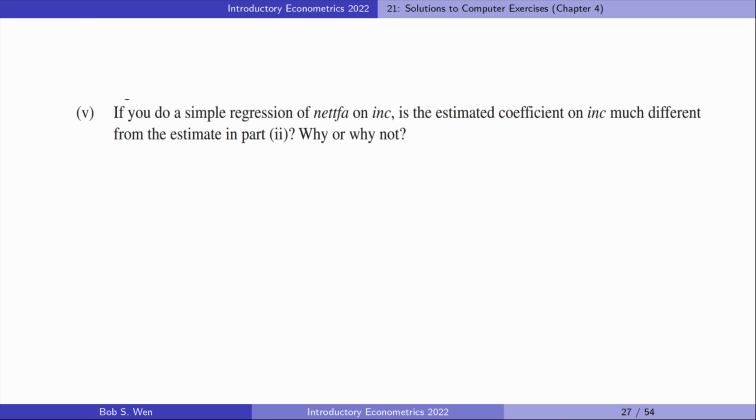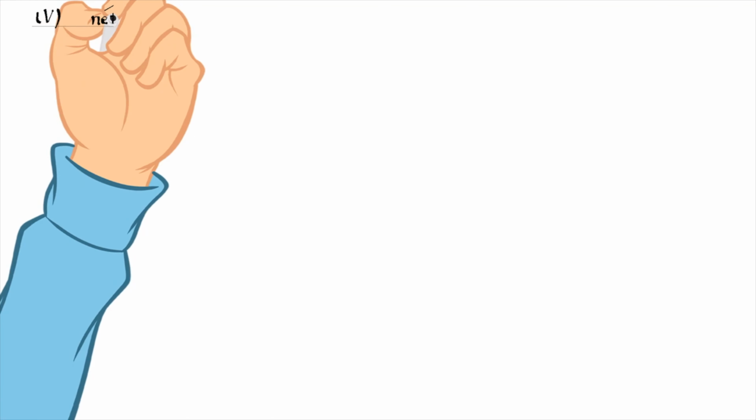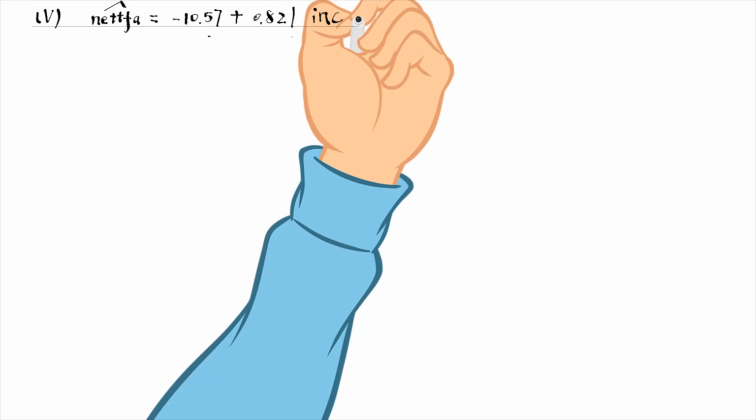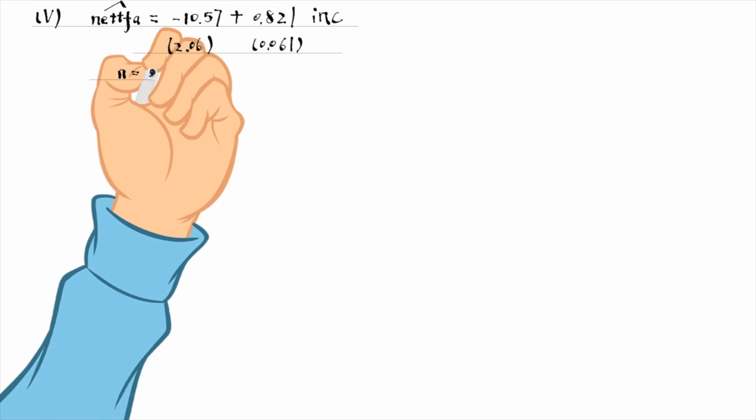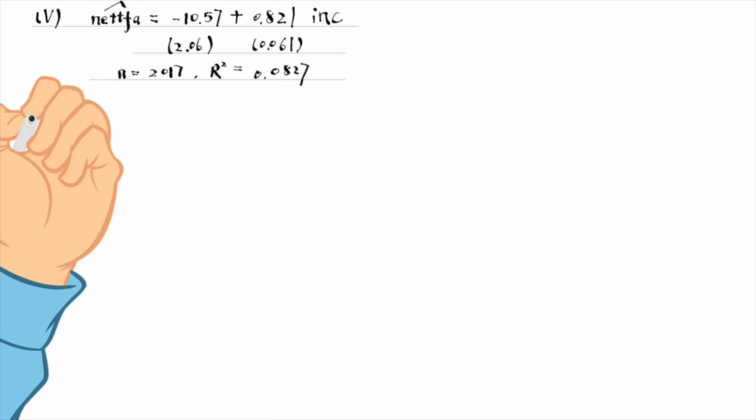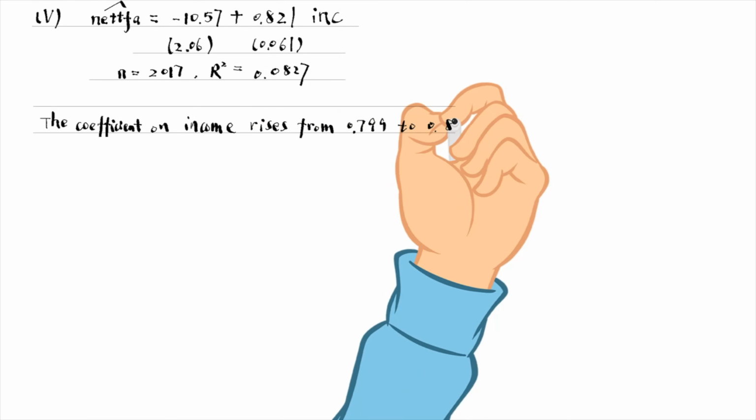In the fifth part, we run a simple regression of the net family assets on annual income. The estimated coefficient on annual income rises from 0.799 to 0.821. It is not much difference.